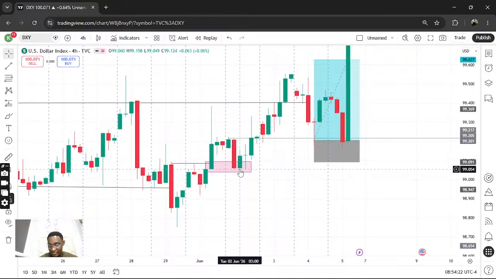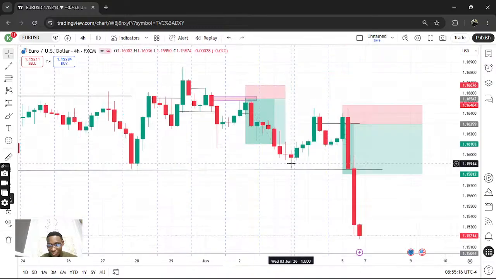Let's first of all go to Euro USD. Now this is Euro USD. Euro USD always does exactly the opposite of what dollar index is doing. So whatever DXY is doing, you should just do exactly the opposite on Euro USD, and it will give you the same exact result. Now look at Euro USD.